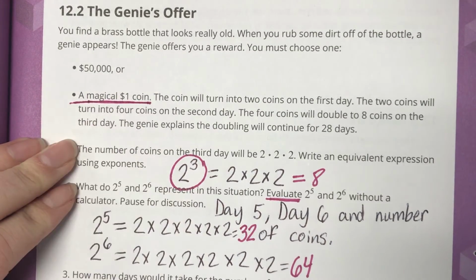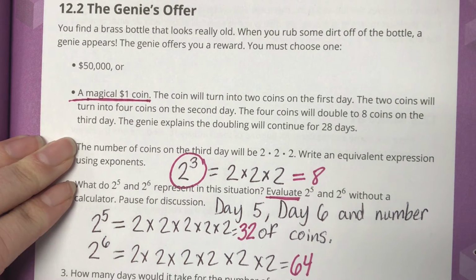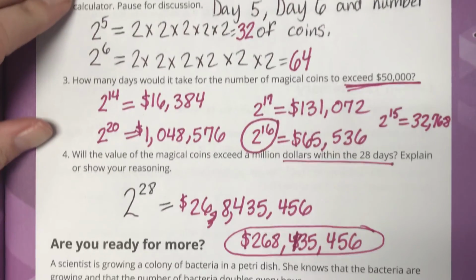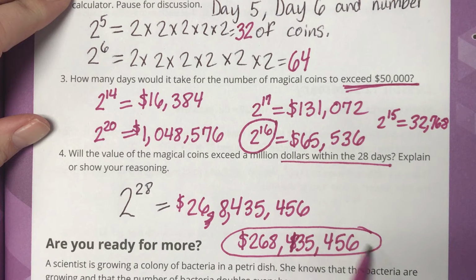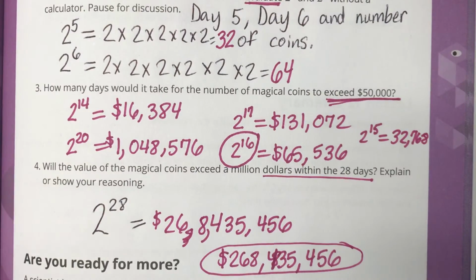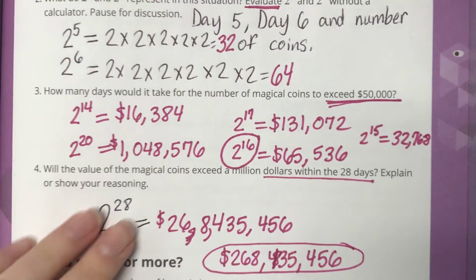But not knowing how to do the math, you would have probably chosen 50,000, because you would have thought, well, how could it be more than 50,000 in 28 days? But the way that we were doubling and with our exponents, and because we knew how to do math, we found out it would be this much money. So if you ever run into a genie, make sure that you weigh both options before choosing an answer.